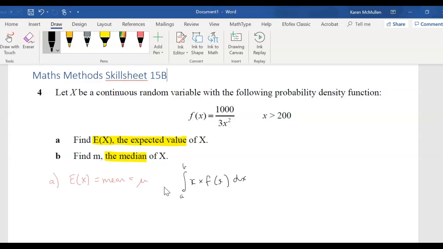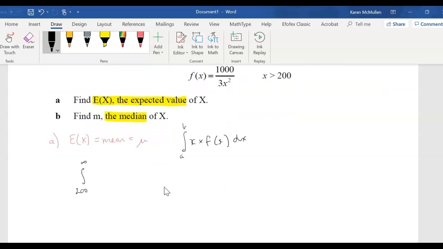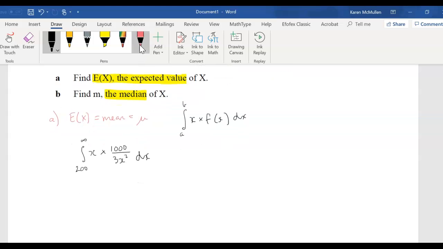For this question, our lower limit is 200, and our upper limit is infinity. Because we're going up to infinity, we're going to introduce a limit in a second, and then it's x times our function, so x times 1000 on 3x squared dx. I'm just going to tidy this up a little bit.